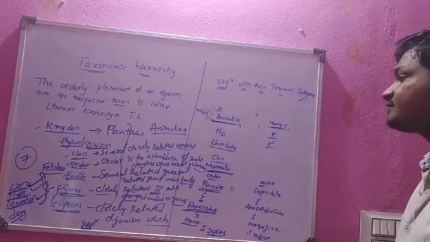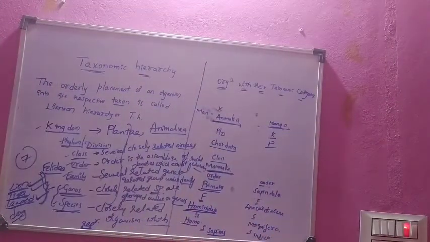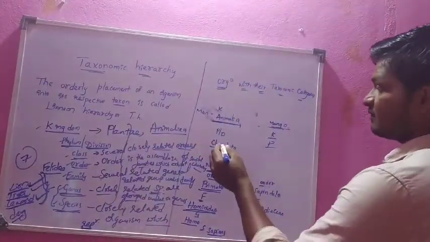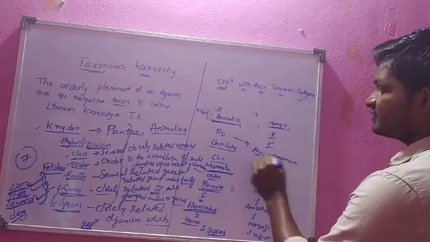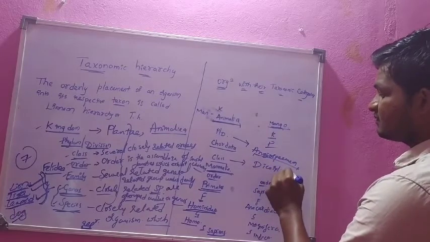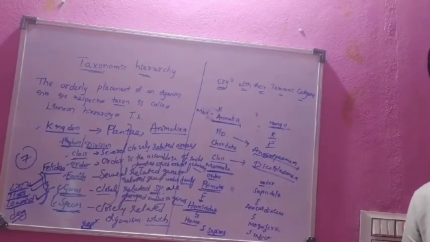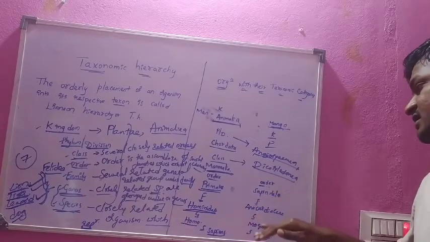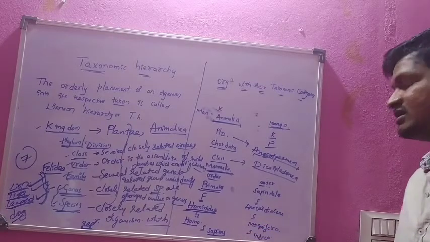The phylum or division is Angiospermae. The class is Dicotyledonae. The order is Sapindales, the family Anacardiaceae, the genus Mangifera, and the species is indica.